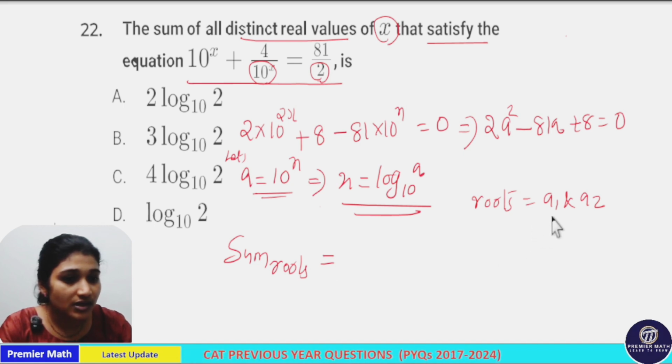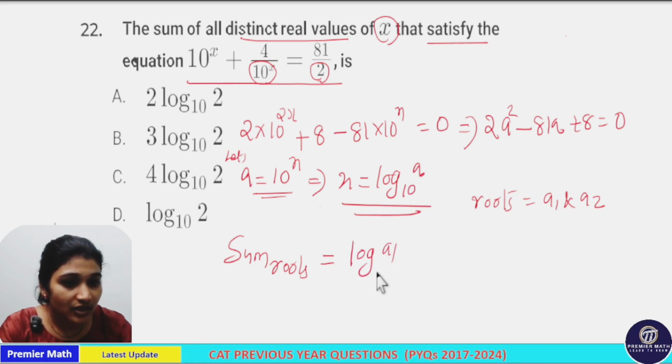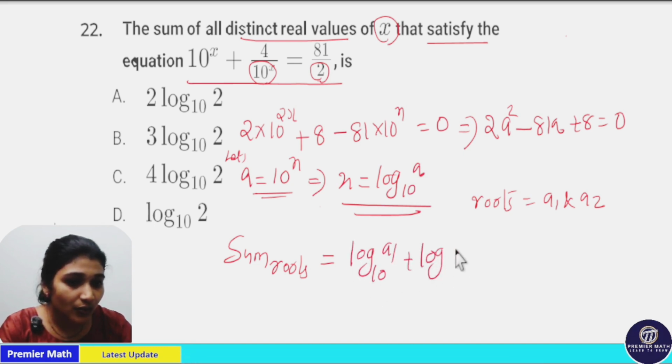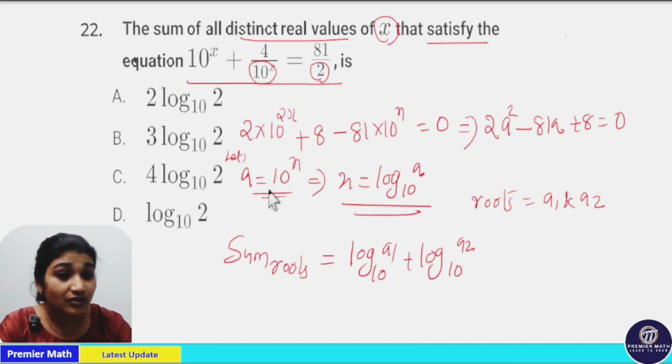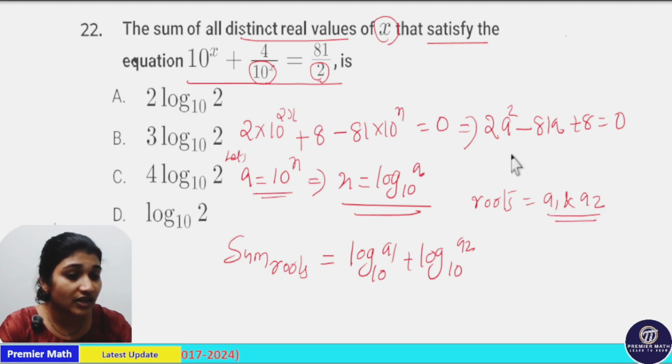So the sum of the roots in x is log a1 to the base 10 plus log a2 to the base 10, because the relation between x and a is like this. Since this is a quadratic equation, we can assume the roots as a1 and a2. Then the sum of roots means log a1 to the base 10 plus log a2 to the base 10.